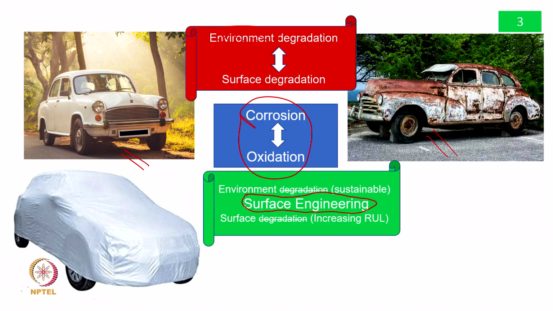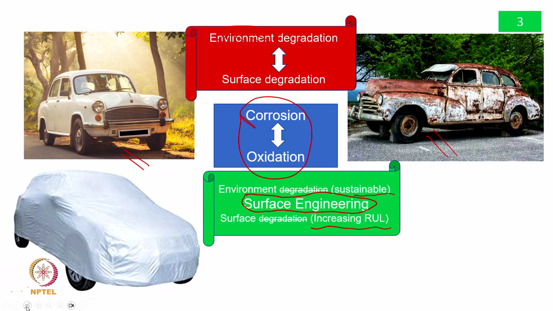Provide a separation, provide an interface, and that is a course. So, we are saying that we should have this kind of course to figure out what will be the effective way to bring this separation and increase the remaining useful life of the product or system, and how do we make the environment sustainable.